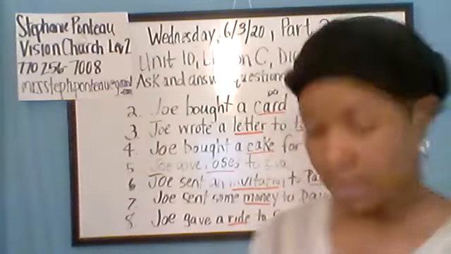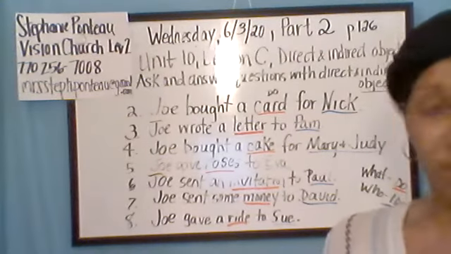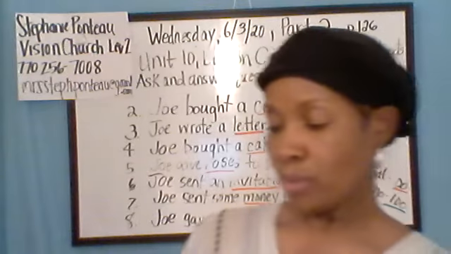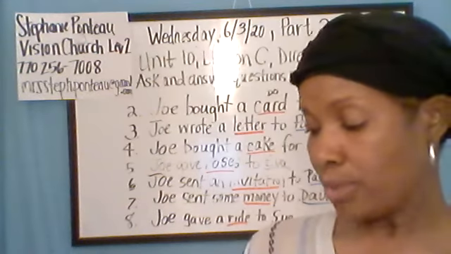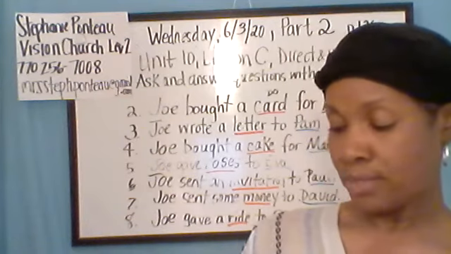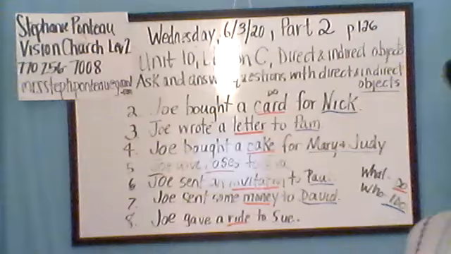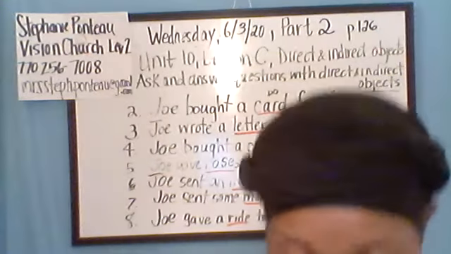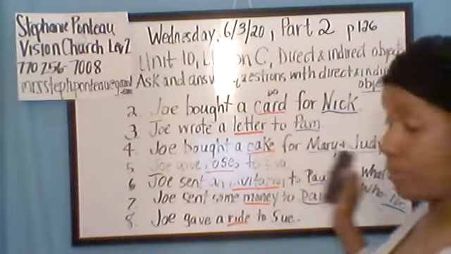So let's quickly go to the second part of exercise 2A. We're supposed to complete the sentences. Use a pronoun for the indirect object. All right, so number 1. I'm going to have to erase this, so if you need to, hopefully you've checked yours and make sure they match what I wrote up here.